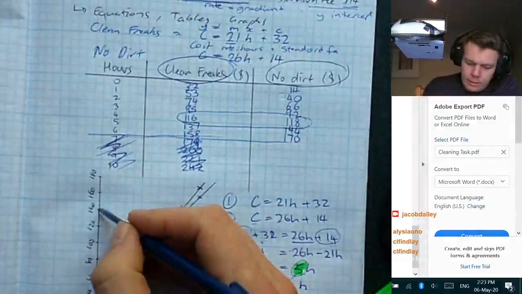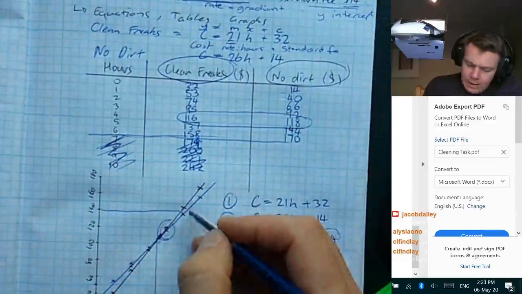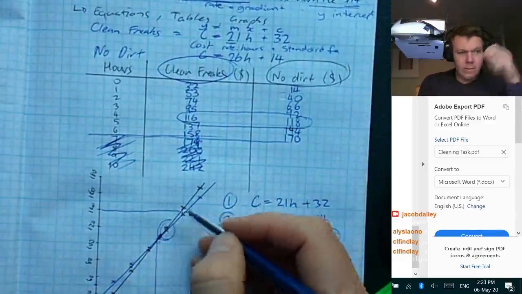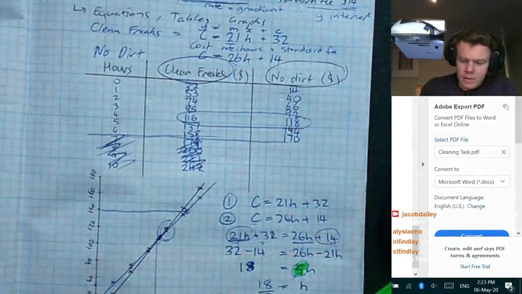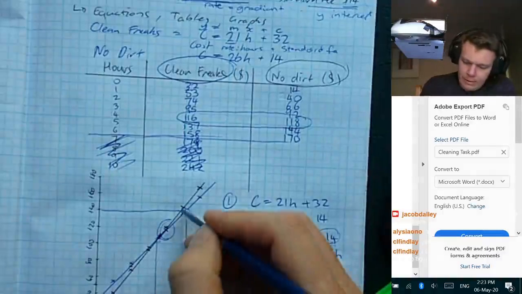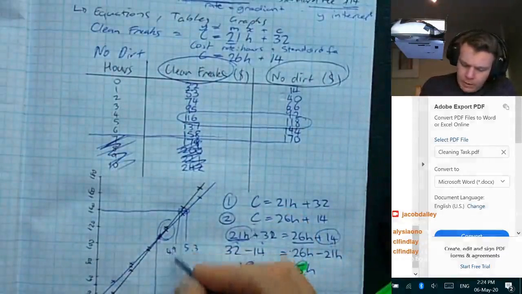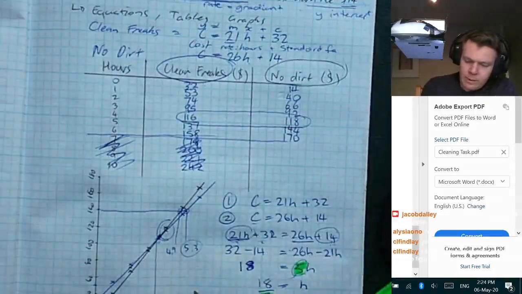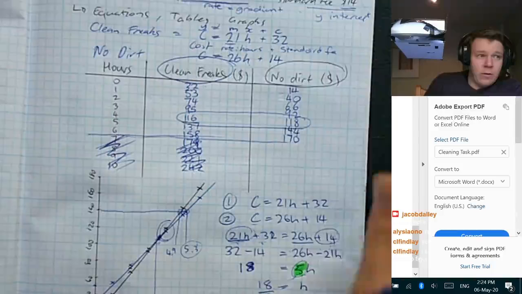You look at $140, track it along, and well, this one here is going to give you more hours. This is like 5.3 hours, and then this here is going to be 4.9 hours. So it's better to go with the blue line, which is Clean Freaks, if you're trying to get the most out of your $140.